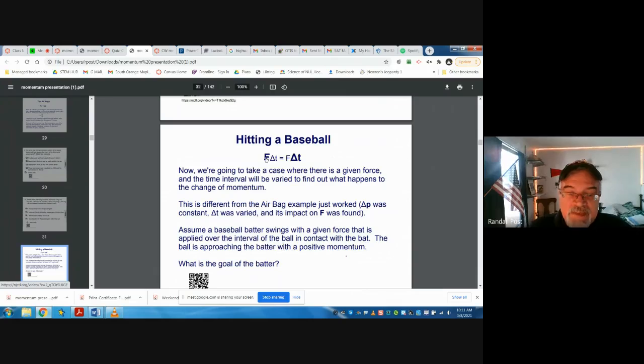So this F, this is kind of limited to the ability of the ball player, how much they swing, how fast they swing, how strong they swing. But this, the time, this is a matter of follow through. So if the ball player can keep the ball in contact with the bat longer, just a little bit longer, then they can get that momentum change larger.